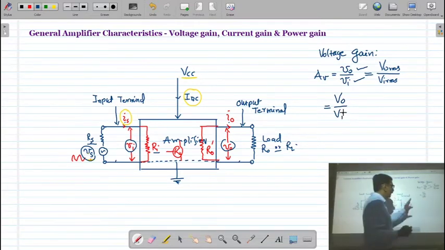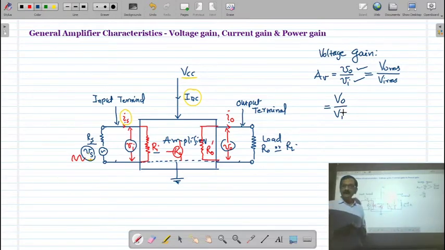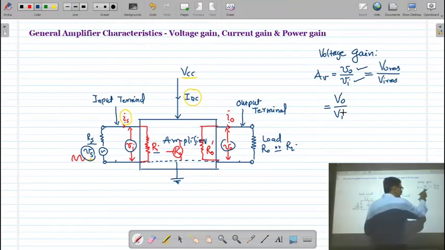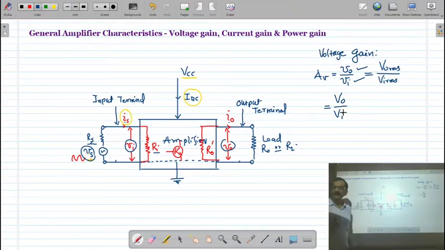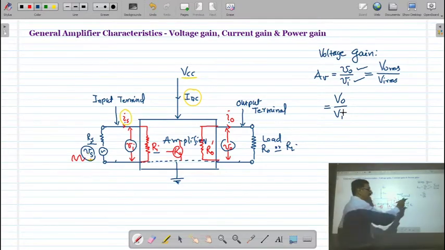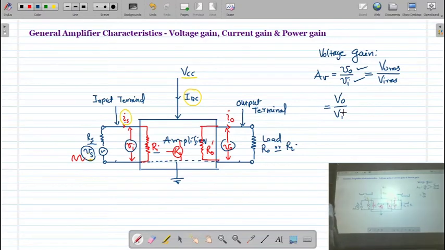So remember, in the notation, when I am not writing RMS, it is understood that this capital VO or the capital VI is representing the RMS value. We are not always writing RMS, but it is understood that it is a ratio of RMS values. Okay, now what is the peak value?